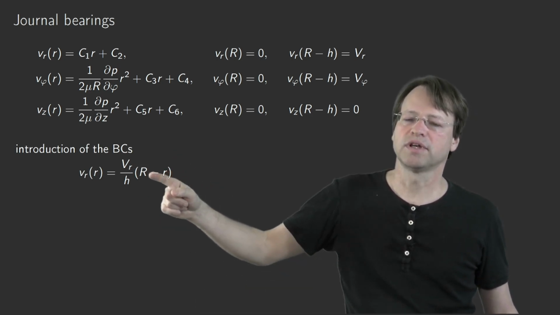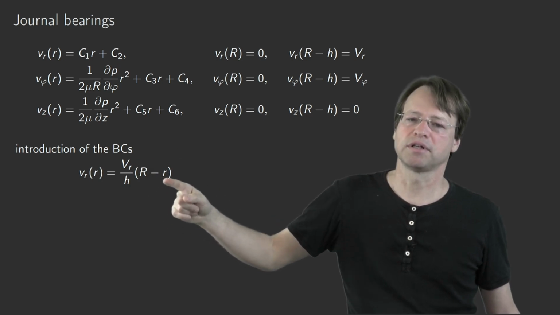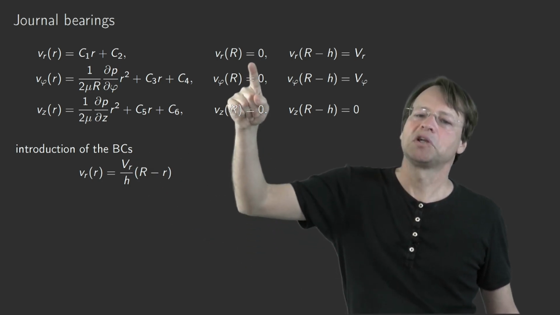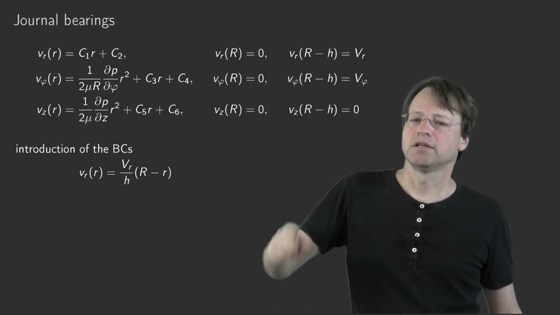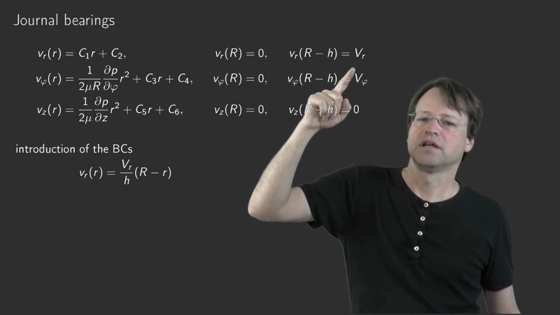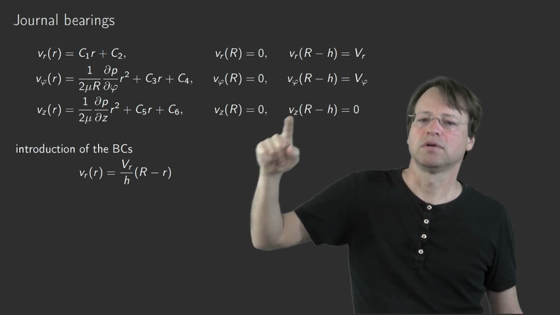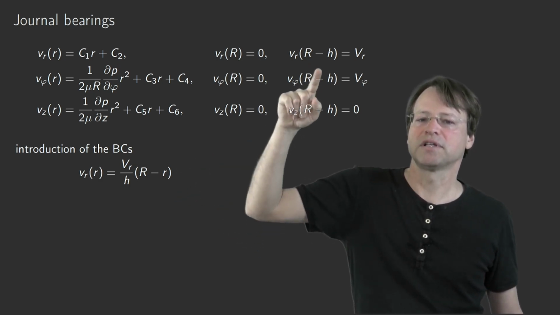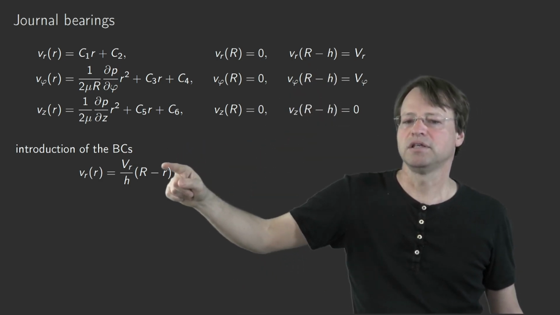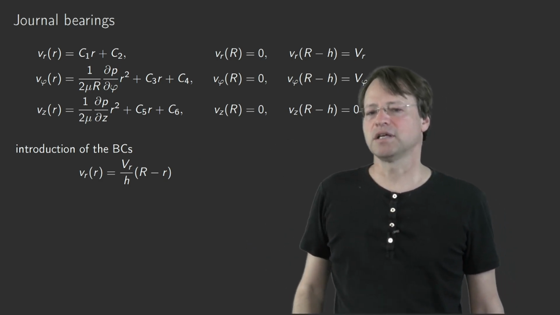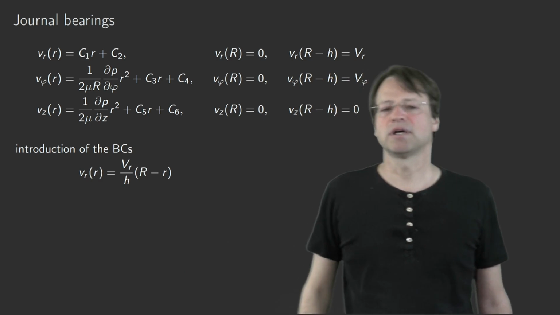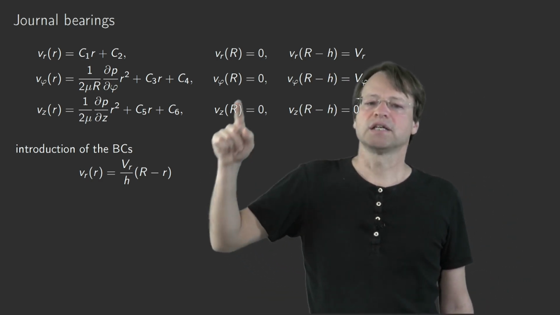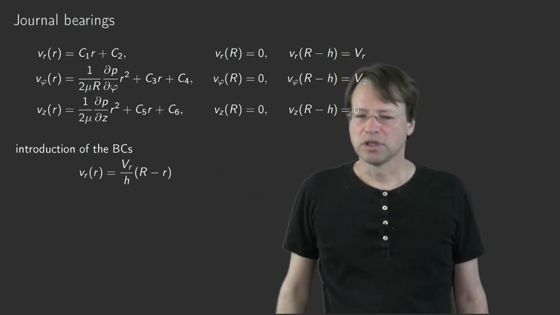see that due to the fact we used that parenthesis capital R minus lowercase r, we are in place to guarantee this 0 here. And now in order to guarantee that we get a v sub r for lowercase r equal to capital R minus h, the parenthesis amounts to lowercase h. We have to divide by lowercase h and multiply by v sub r to satisfy the second boundary condition.